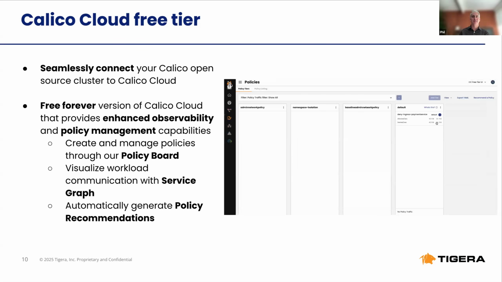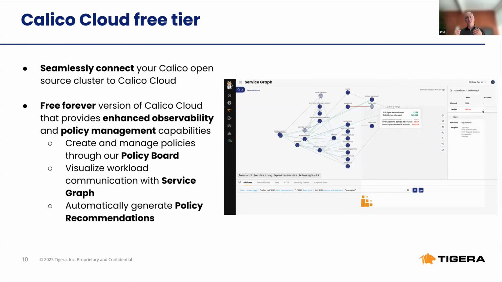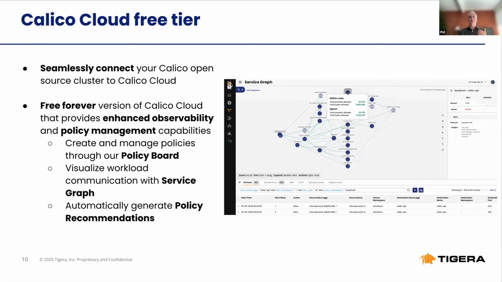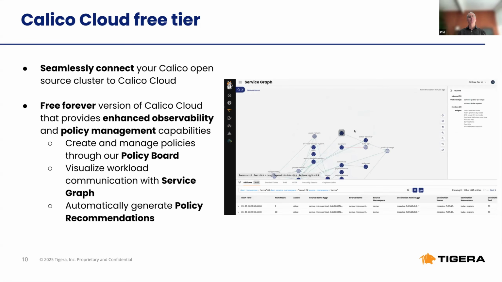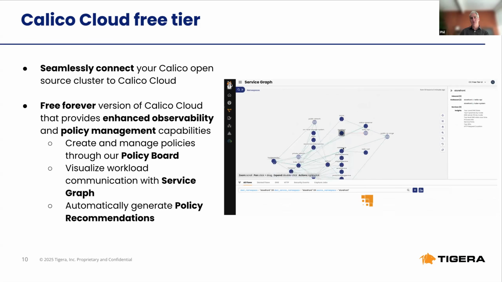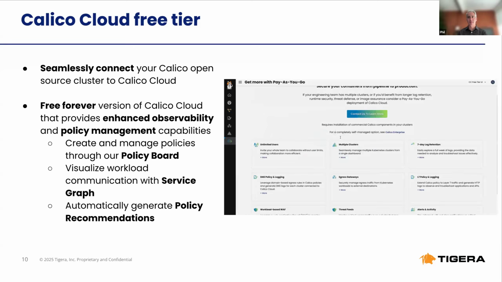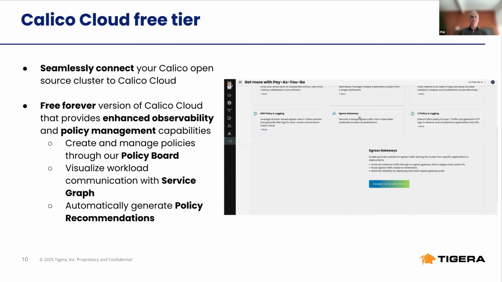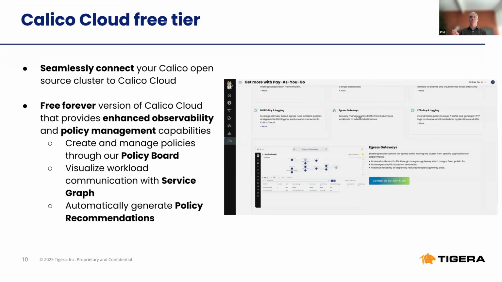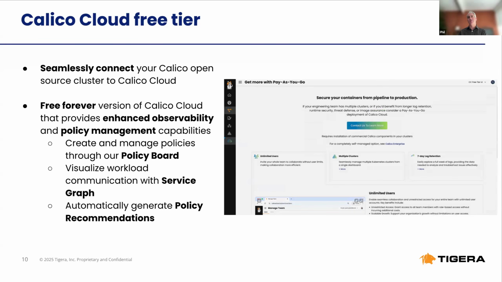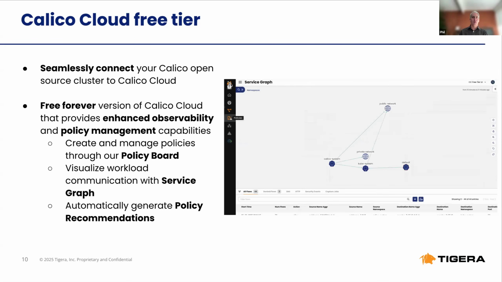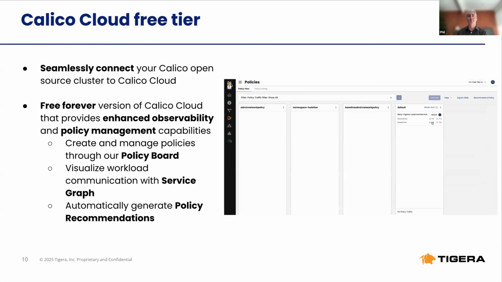We need to read data from Goldmane to generate some of the visualizations, the data within policy board. I think the only thing where we ask for write permissions is part of that policy recommendation process. And that's something where you actually download YAML, and that gives us permissions to create a special tier where those recommended policies go. So pretty cool.